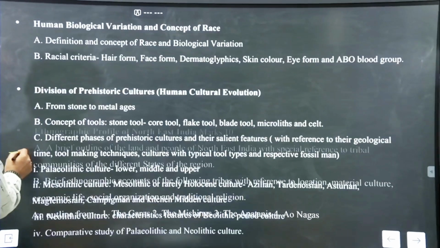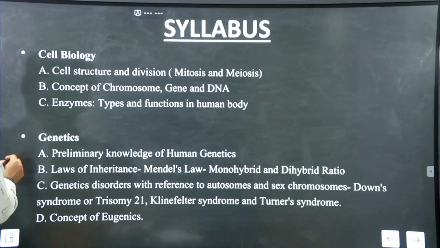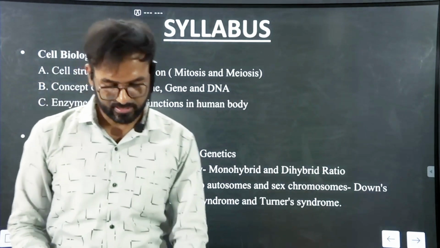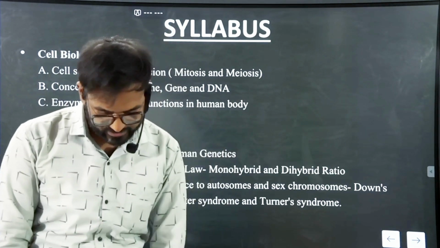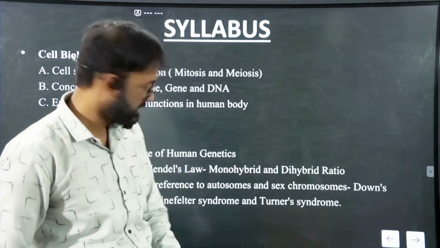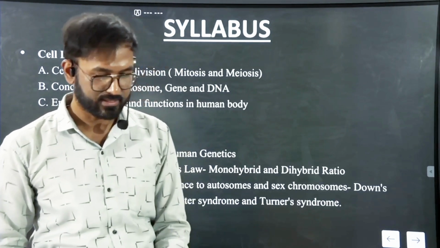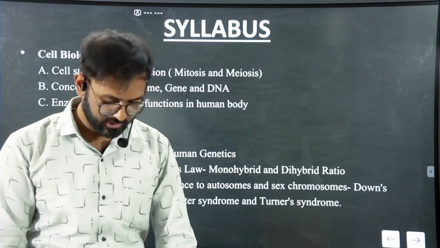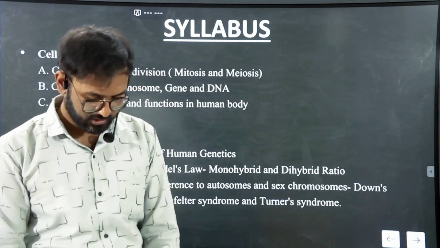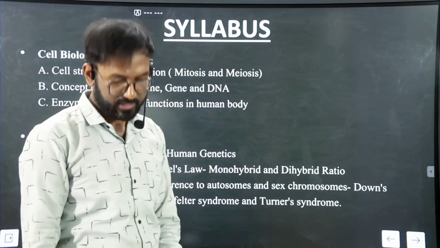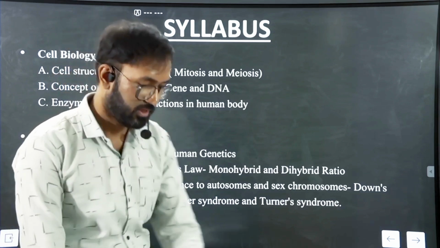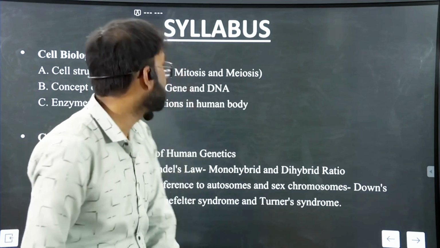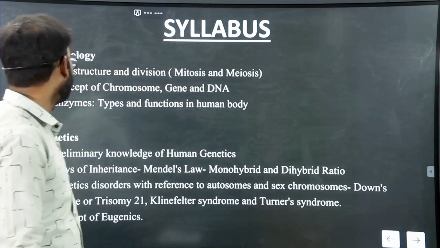So these are the new syllabus of anthropology. Maybe the CUET syllabus will be changed to this. The old syllabus was only physical anthropology, prehistoric archaeology, economic anthropology, social anthropology, and ecology. But now in this new syllabus, two units are also added, cell biology and genetics.